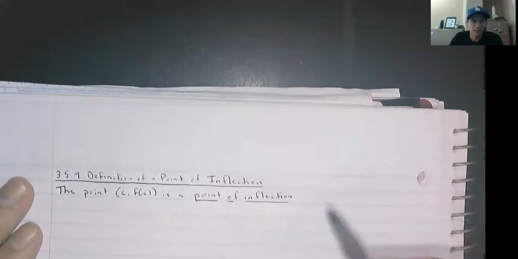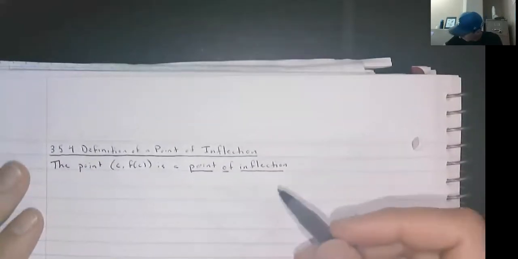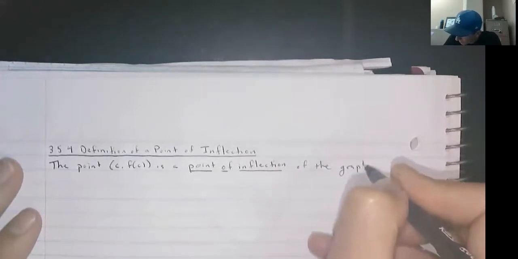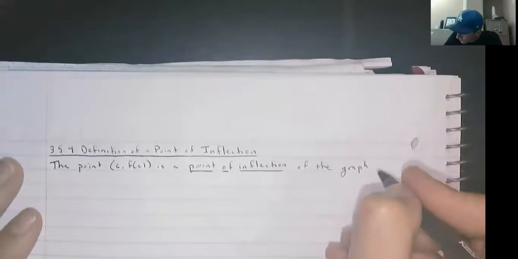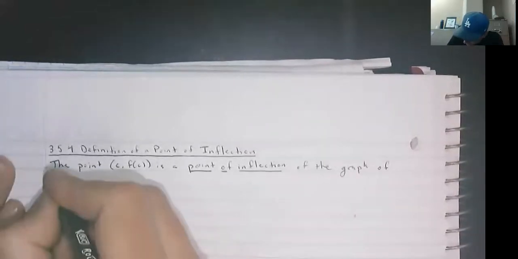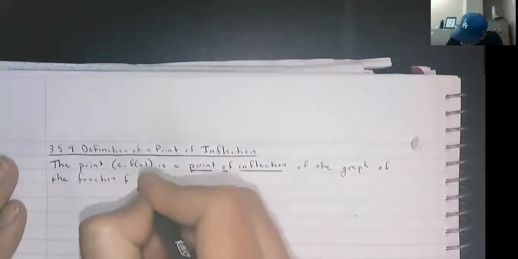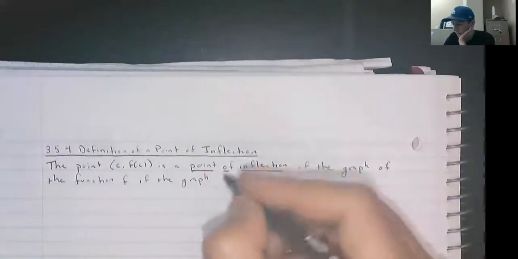That's about as much Spanish as I got, sorry about that. Point of inflection of the graph of the function f if the graph has a tangent line there.